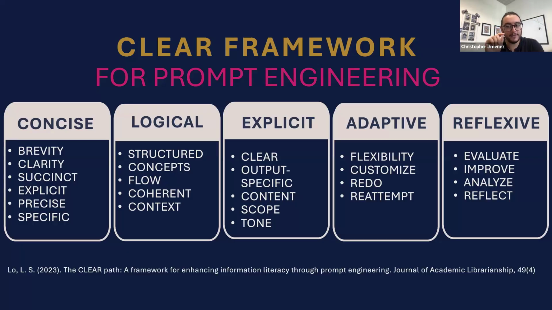The adaptive and reflexive are human skills that you need to have and deploy no matter what. No matter how good the tools get, you're still adapting, you're still reflecting on what comes back and iterating, which is just part of a standard iterative research process anyway. So I want to make sure that was clear.